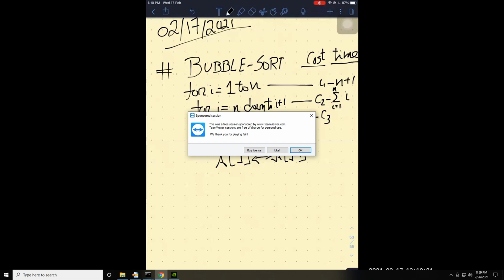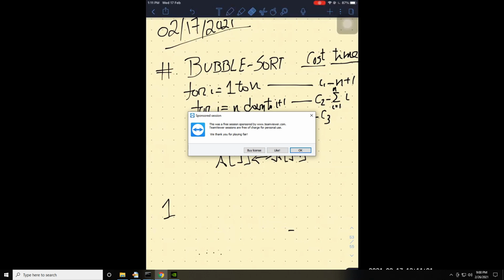Let me explain. When i is 1, the inner loop will run from n down to i plus 1, meaning n, n minus 1, n minus 2, and so on. As i increases, this will change.